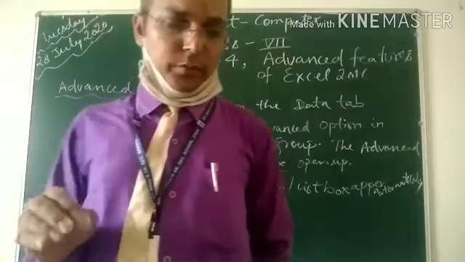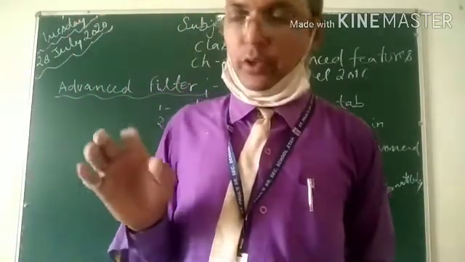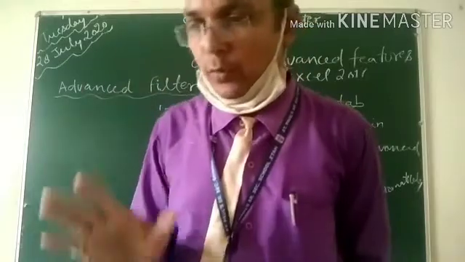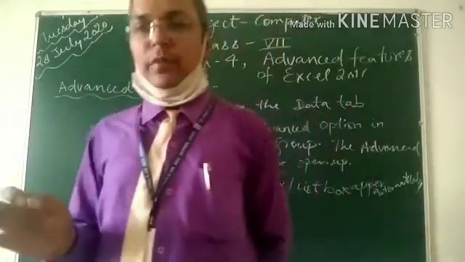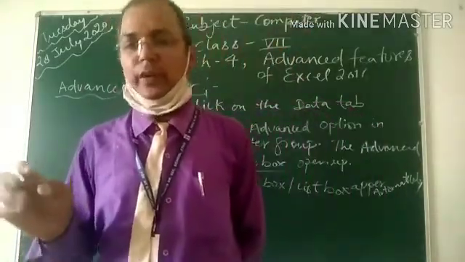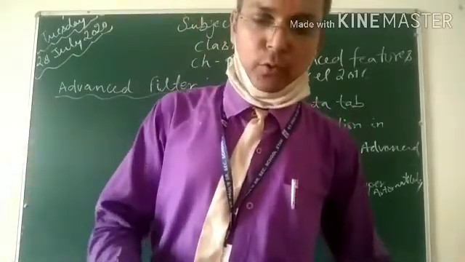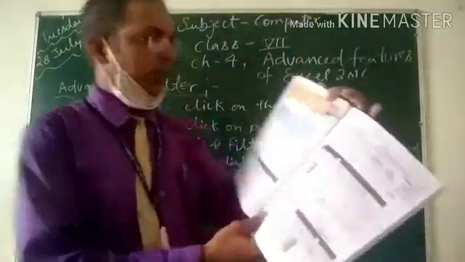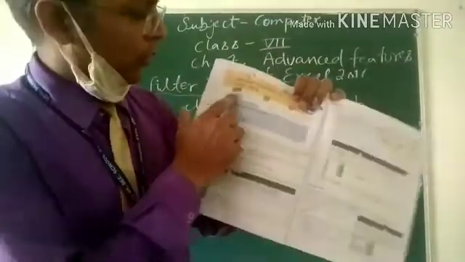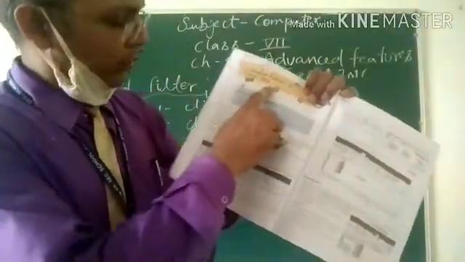On page number 34, figure 4.1 is selecting a range of cells to sort data, figure 4.2 is the sort dialog box, and figure 4.4 is selecting cells to filter them. Okay, I will display your book. This chapter starts with the advanced features of Excel 2016.